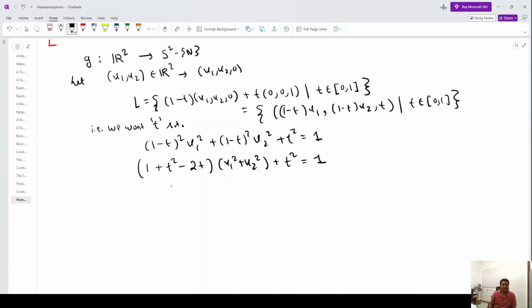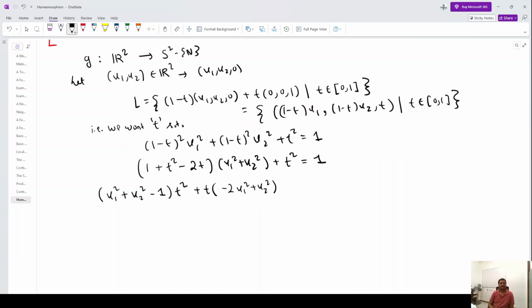Now collect the powers. With t square, first of all, you have x1 square plus x2 square, then minus 1. Let us see what you have with t: minus 2 times x1 square plus x2 square.